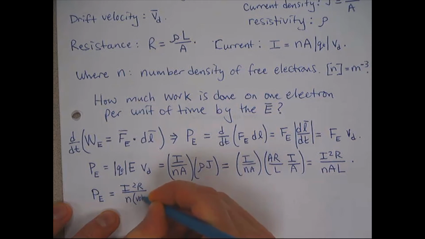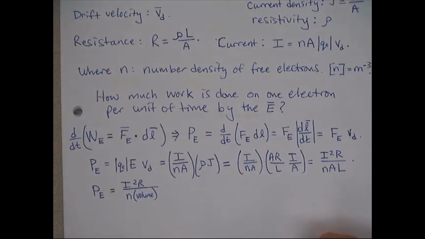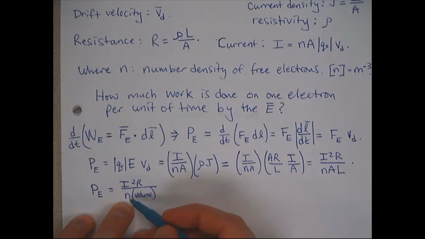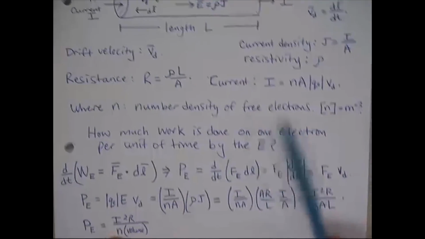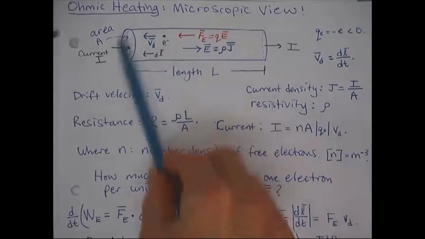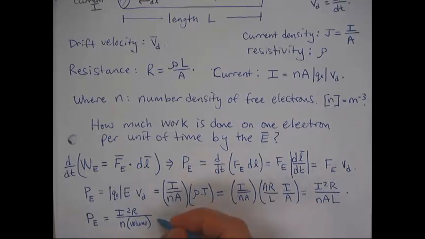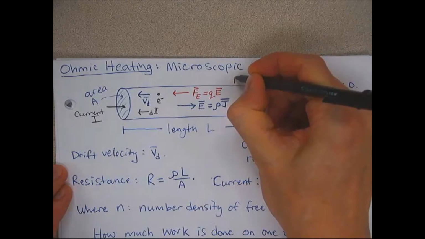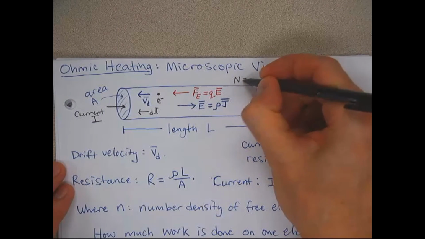I'll just write volume so that we don't confuse with drift speed. And what is the number density of free electrons multiplied by the volume of the cylinder? It's just the total number of electrons sitting in this cylinder.